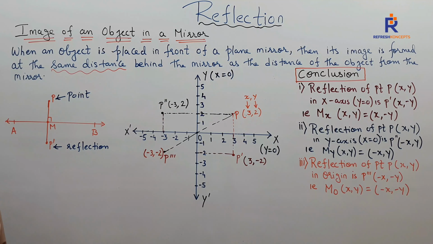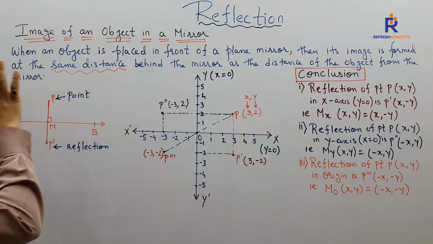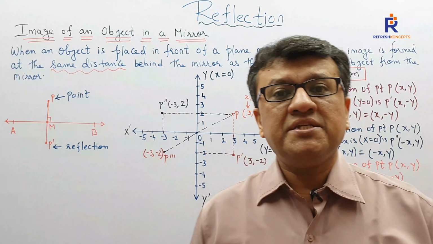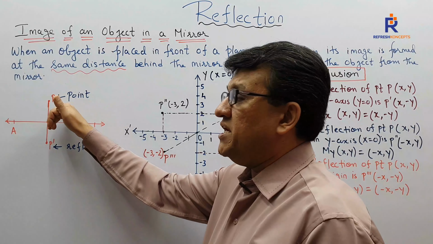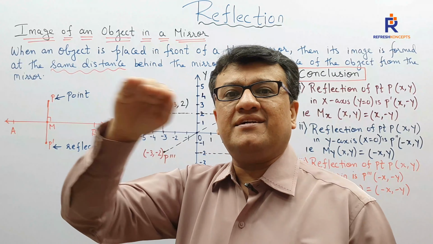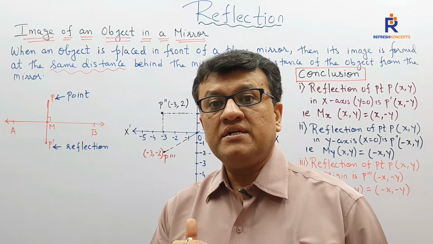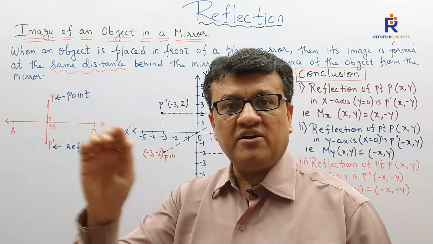Let's talk now in terms of maths. Now instead of considering AB as a mirror, I'm taking AB as the line of reflection. And what is my P? P is merely a point. Every point will always form its reflection under a line of reflection.